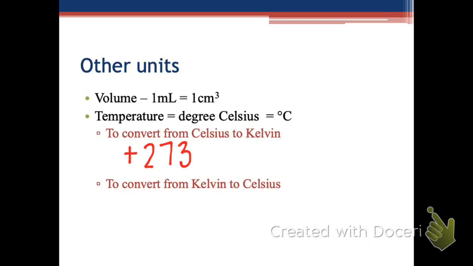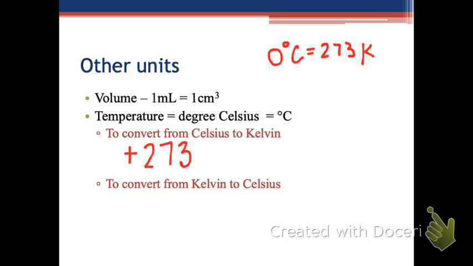So what that means is 0 degrees Celsius equals how many Kelvin? Right, 273. So water freezes at 273 Kelvin. Celsius has the same ratio as Kelvin, but it does not mean the same thing.